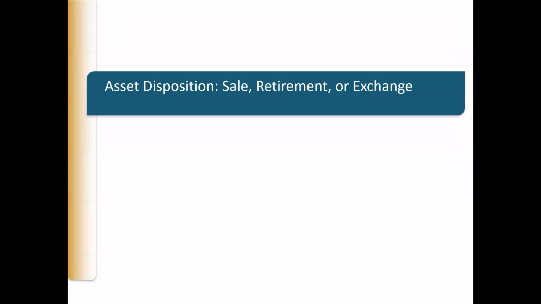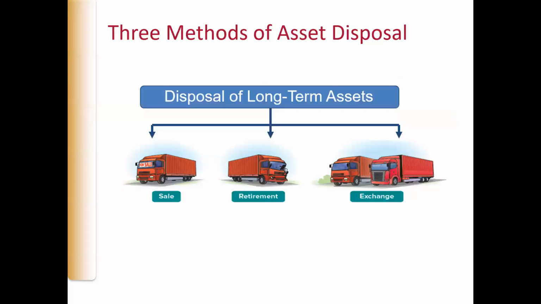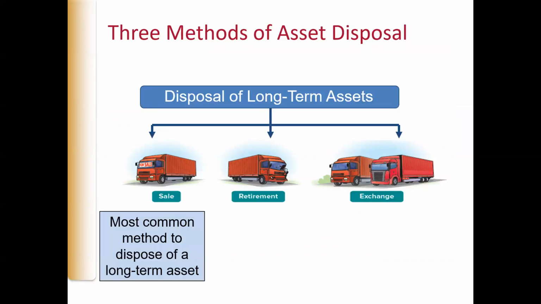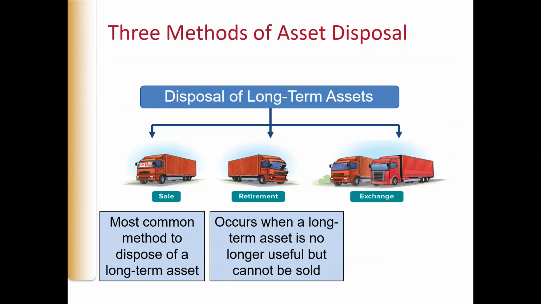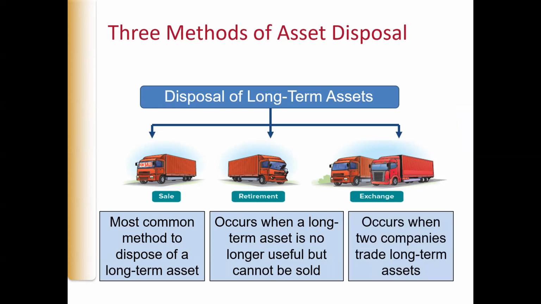Okay, now we're going to look at asset disposition by either selling it, retiring it, or exchanging it. Really the only three ways to get rid of stuff. Selling is the most common. Retirement, usually not so much, because you retire it because no one's interested in buying it.